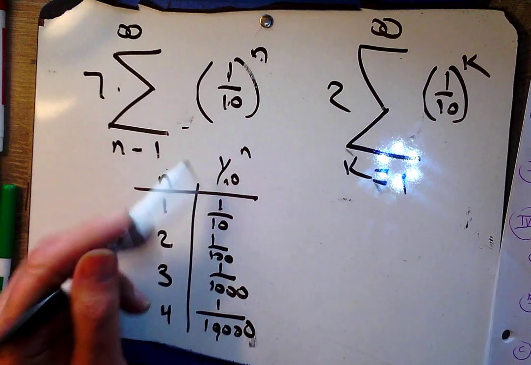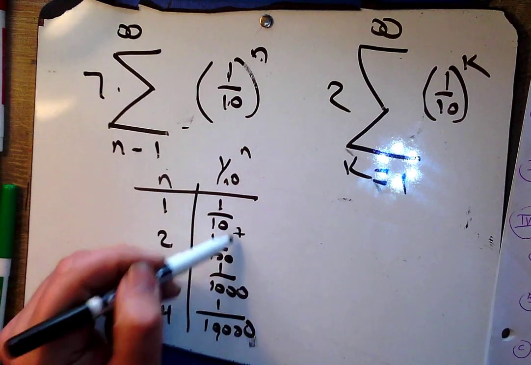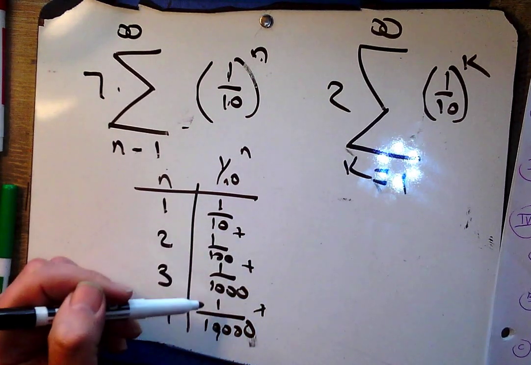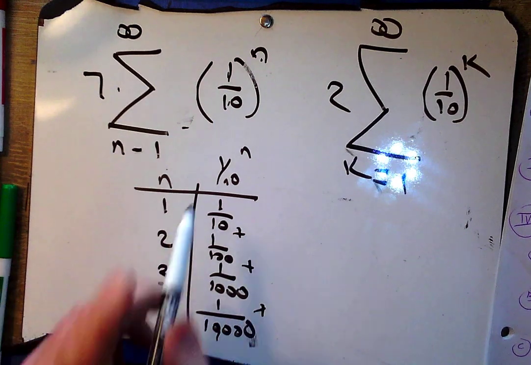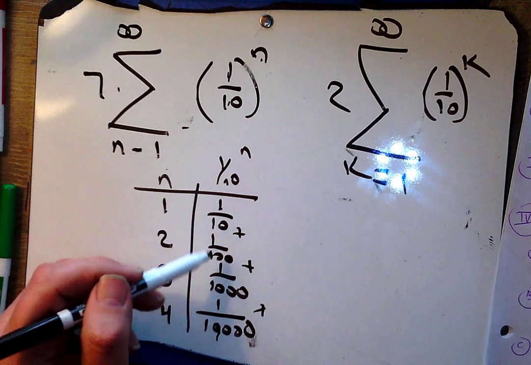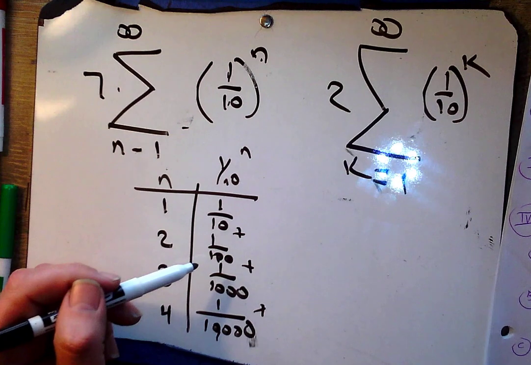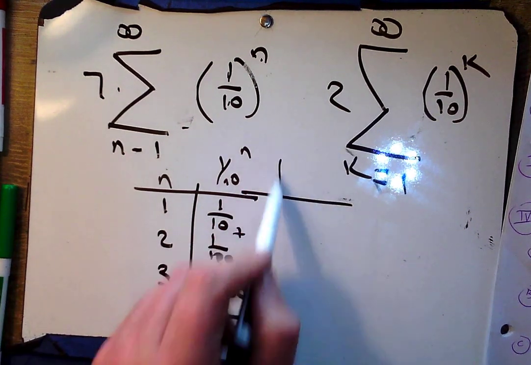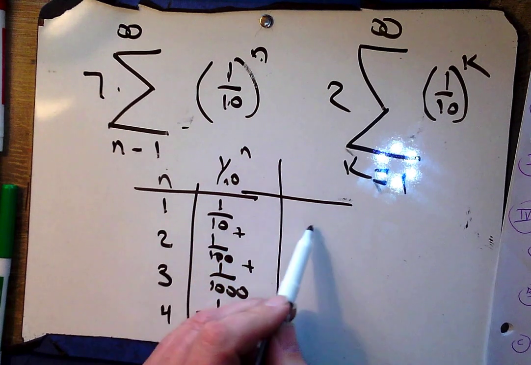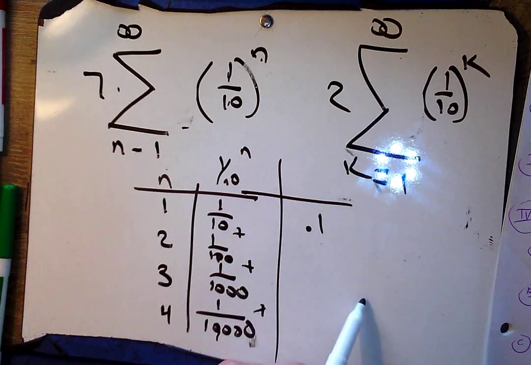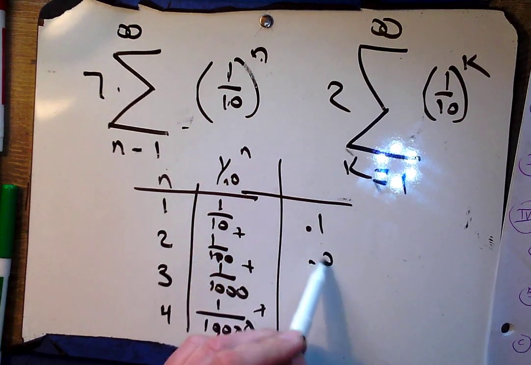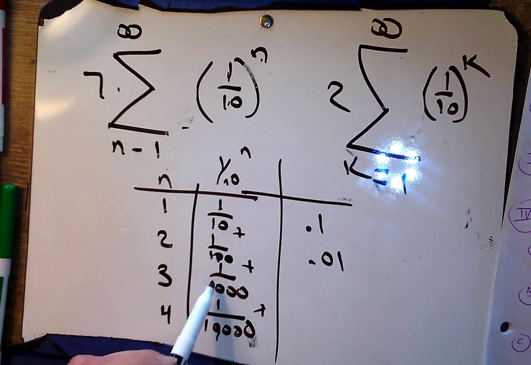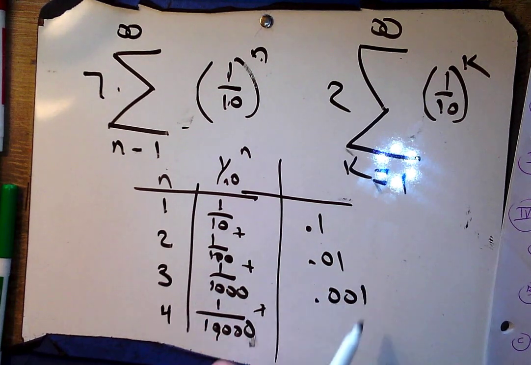And I don't see where this is getting me, but this is one of those cases where I actually prefer decimals to fractions. If I write 1/10 as a decimal, I have 0.1, and 1/100th, 0.01, and 1/1000th, 0.001, and 1/10,000th, 0.0001.